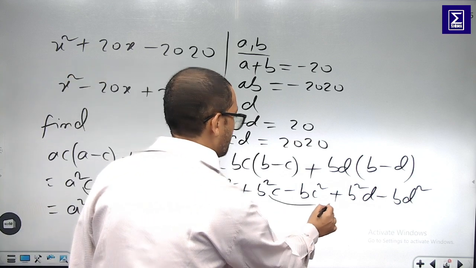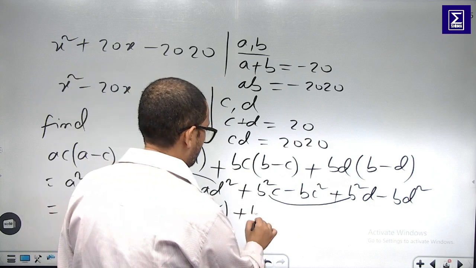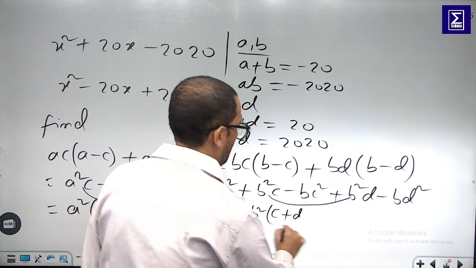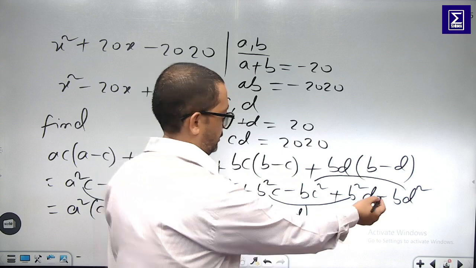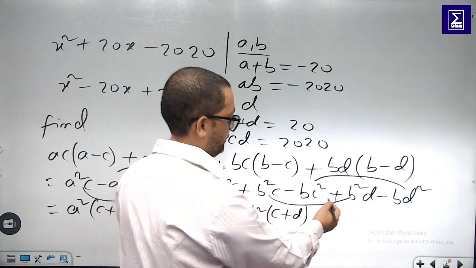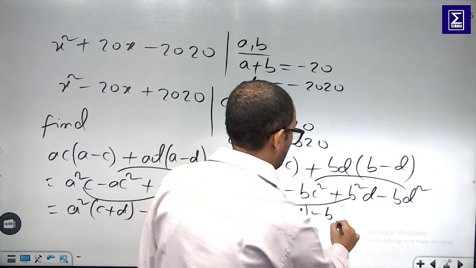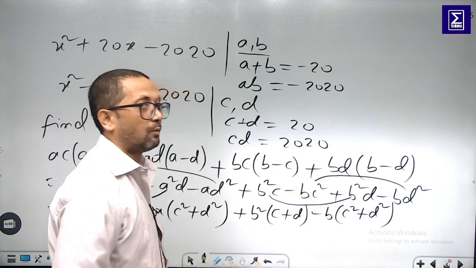Again here, b square c and b square d, so b square is taken common, giving c plus d. And finally, the last ones, minus bc square and minus bd square: you can take minus b common, so it would be c square plus d square. So what do we observe here?